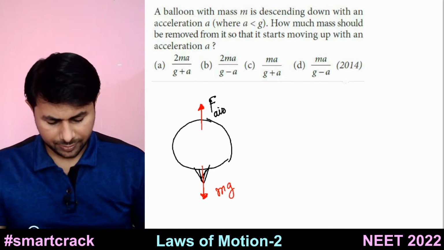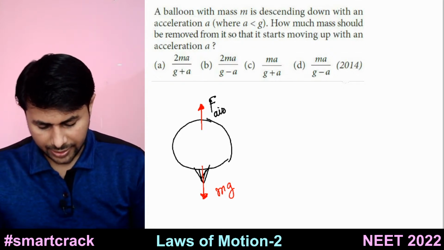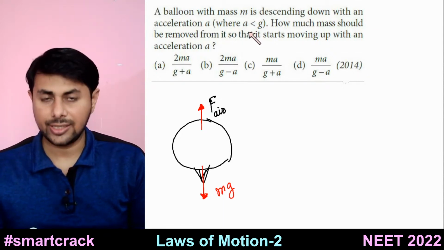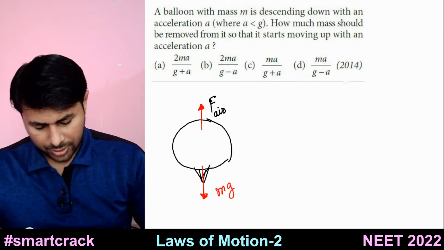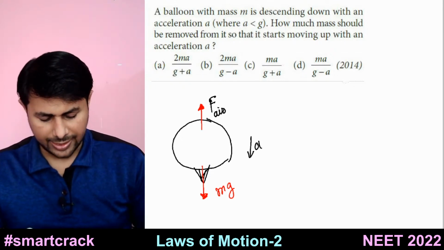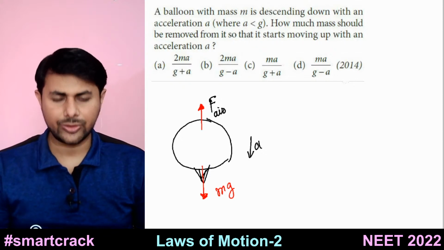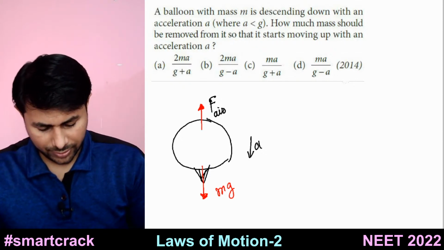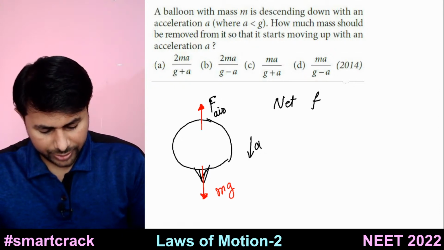It's upwards, and the balloon is descending down with acceleration a, where a is less than g. Since it is descending, the net force should be downwards.